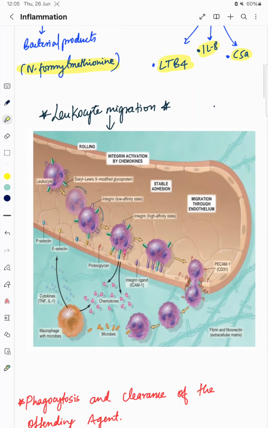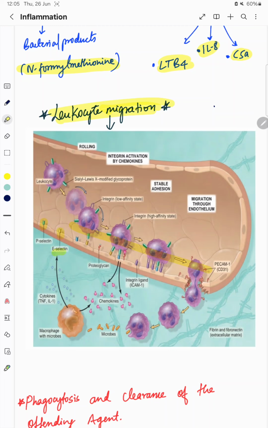This is a diagrammatic representation of the process of leukocyte recruitment. First of all, as we can see, this is the margination of the leukocytes from the midstream to the periphery. Then we can see the selectins over here.